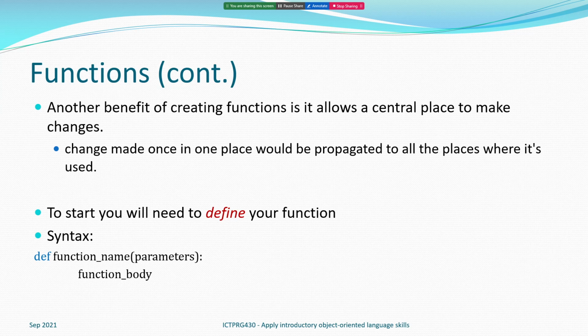So let's start off by defining our function, and we use the def command for this. So def, the function name, any parameters within your parenthesis, followed by a colon, and then tabbed under that is all your commands that you want to be executed as part of your function.